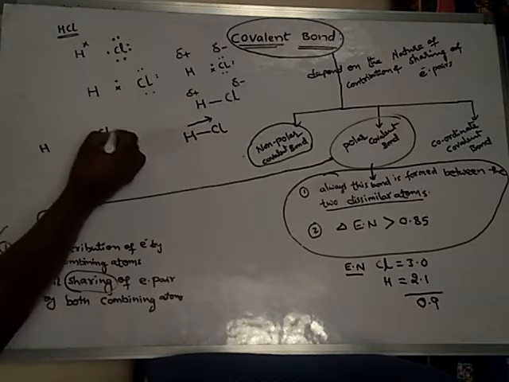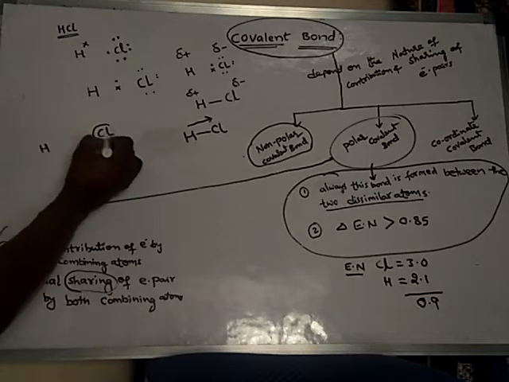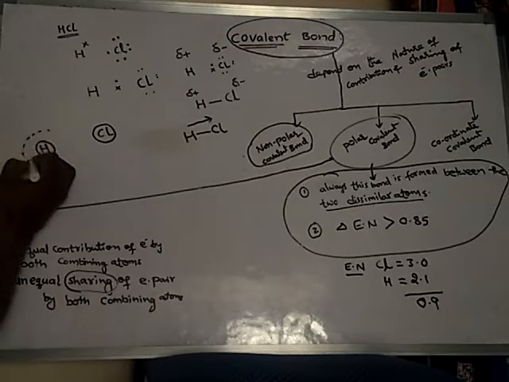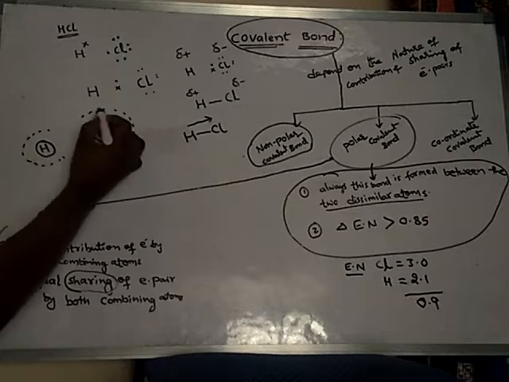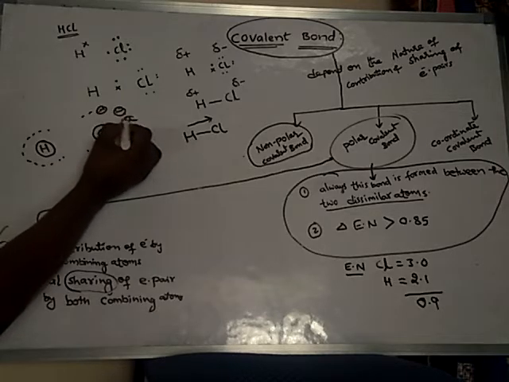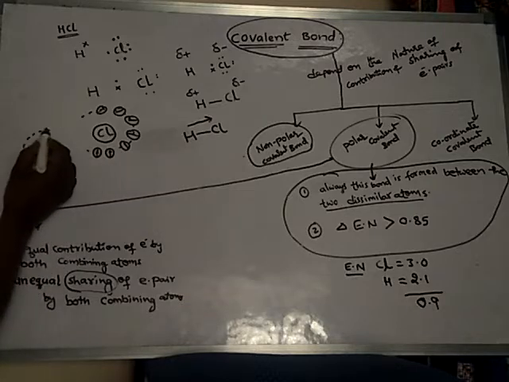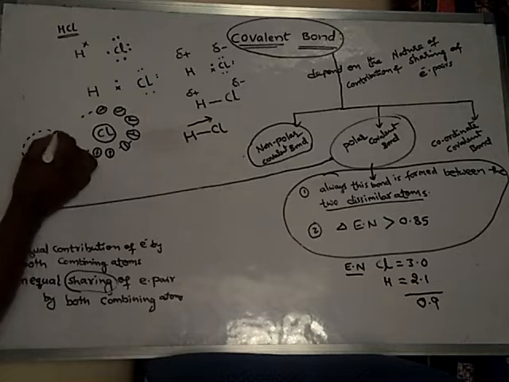This is the chlorine atom. This is the nucleus of the chlorine atom, and this is the nucleus of the hydrogen atom. This has a valence shell, and this also has a valence shell. In the valence shell, how many electrons are there? 1, 2, 3, 4, 5, 6, 7 electrons in its valence. Here only 1 electron.